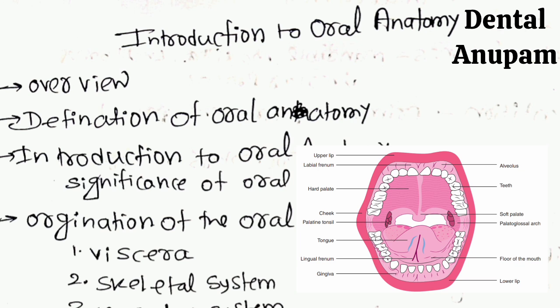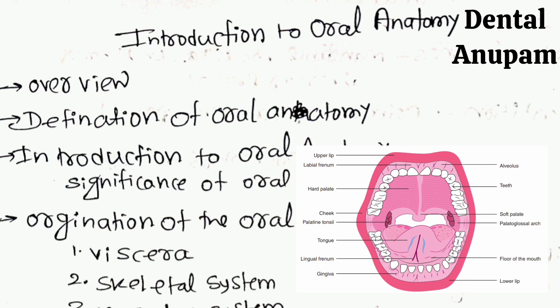Oral anatomy is the study of structures related to the oral cavity. The oral cavity is commonly referred to as the mouth. The oral cavity and the face. Oral anatomy is the foundation for sound dental education, speech, and its practice.